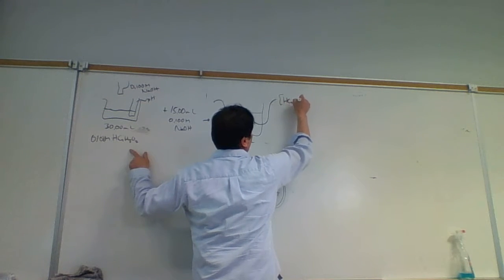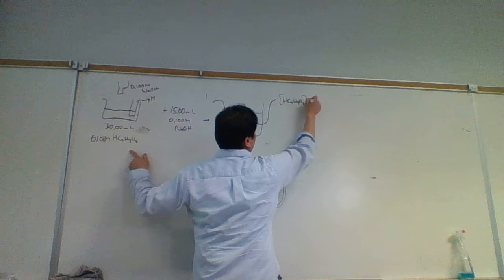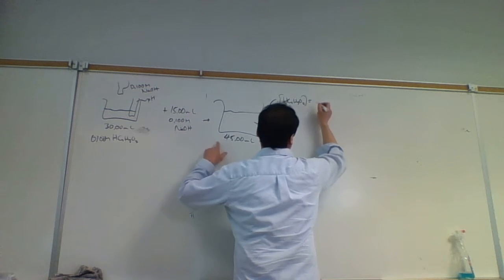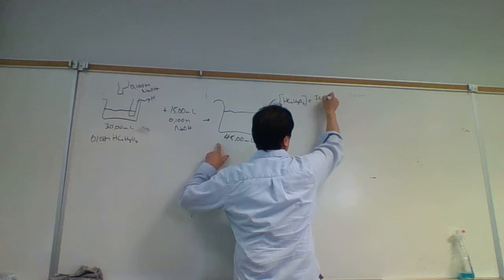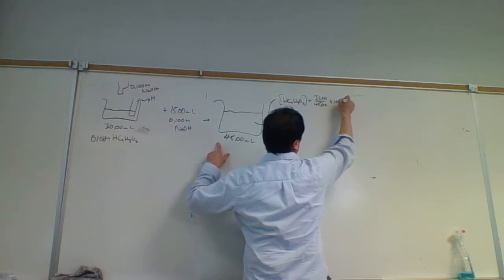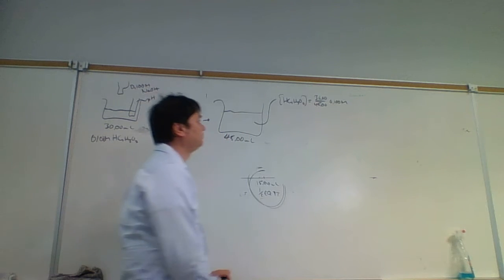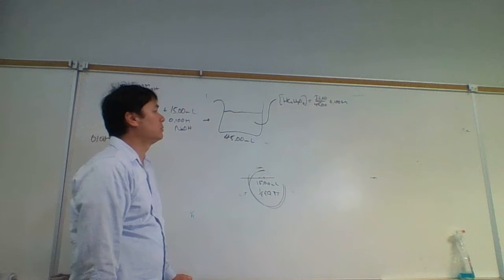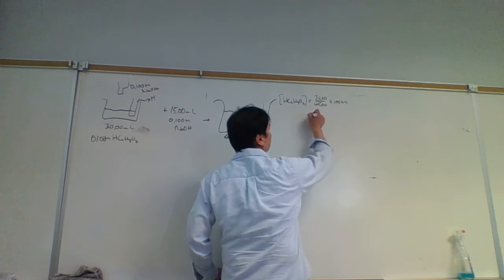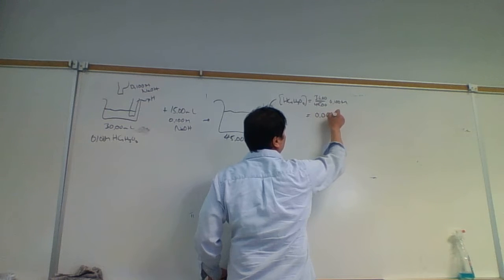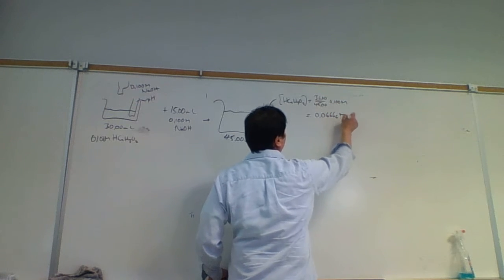The acetic acid concentration is going to be a 30.00 to 45.00 dilution of 0.100 molar. And so 30 to 45 dilution is actually a 2/3 dilution, which is going to give me 0.0666 sub 6 molar.